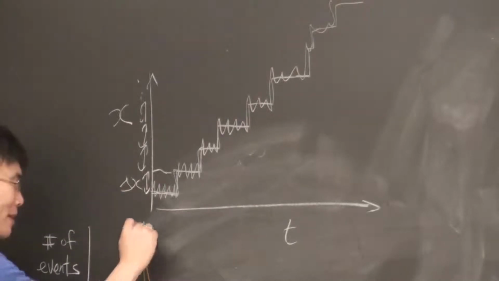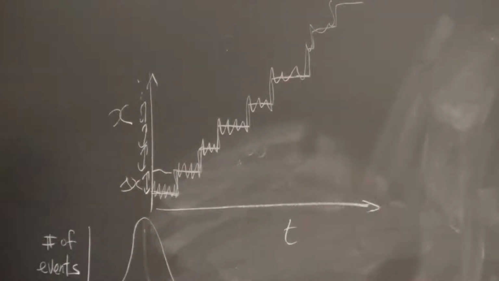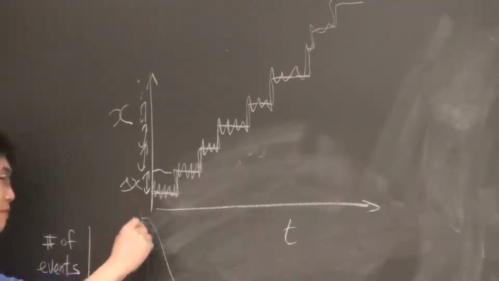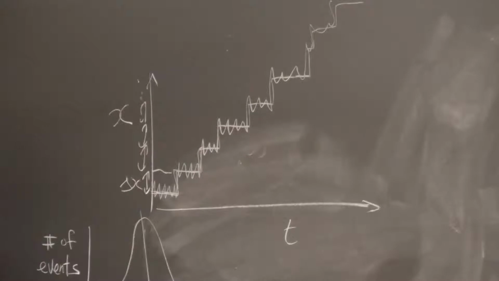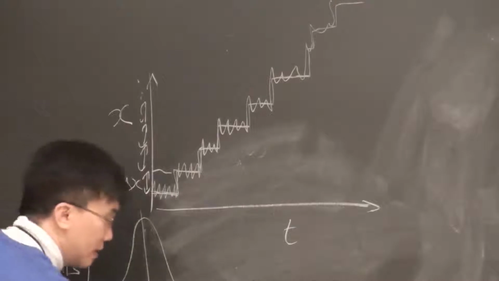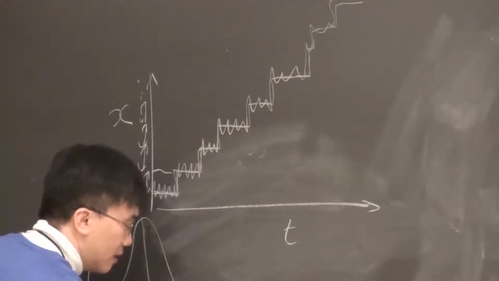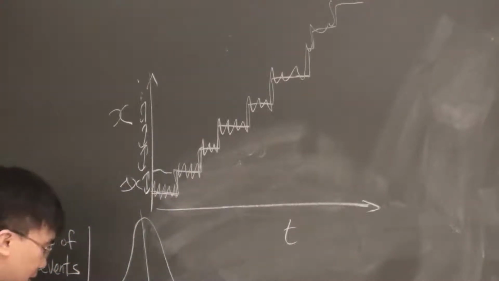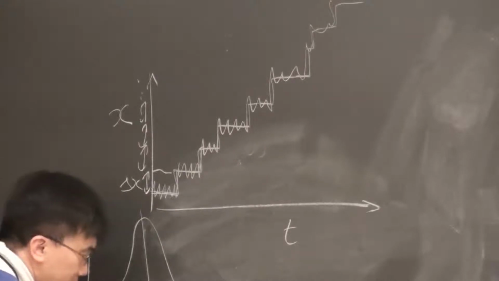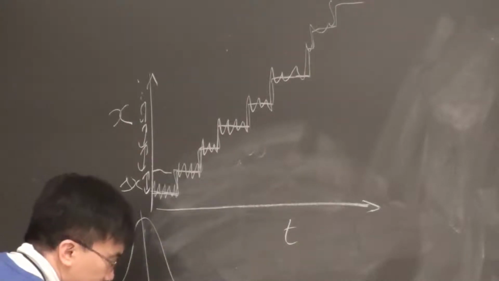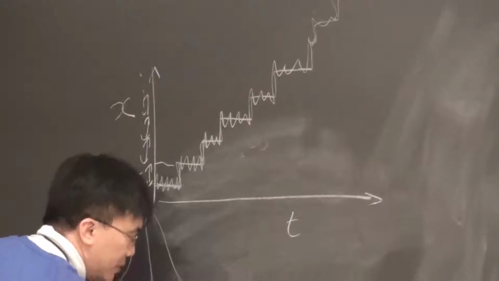You'll get a histogram that follows some distribution. And from this, the mean value will be the step size. So this can be eight nanometers for kinesin, and 37 nanometers for dynein, and so on.